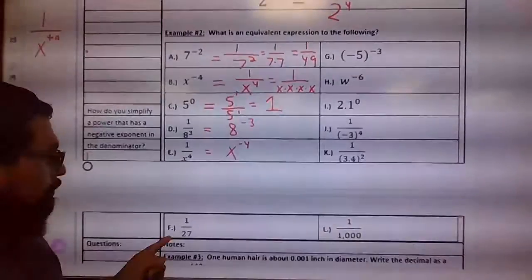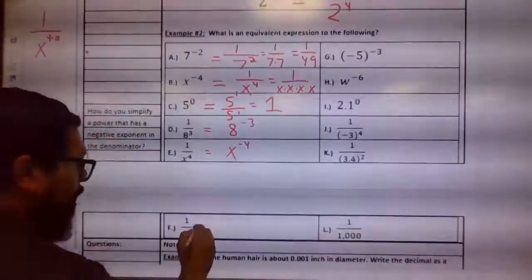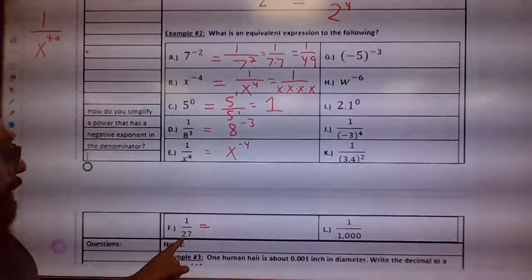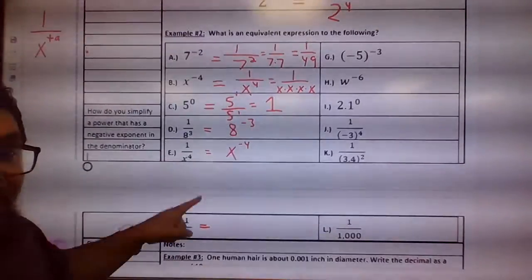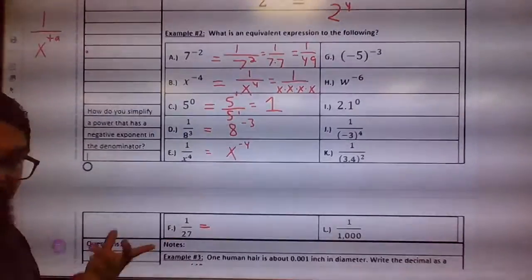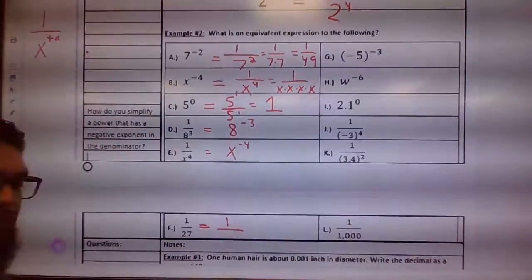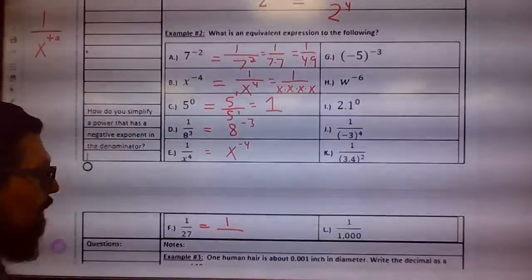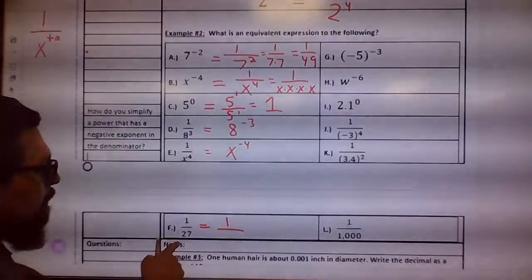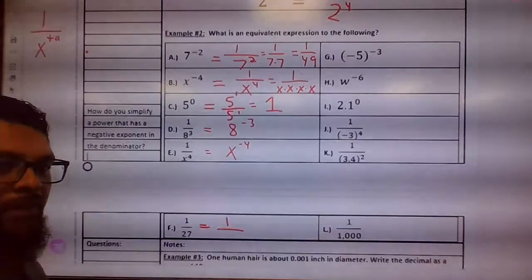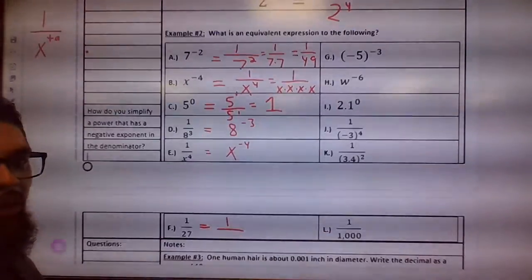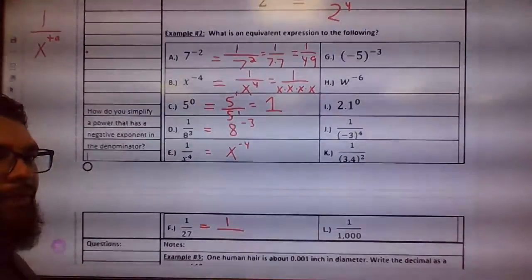So we had F and L. So what we're going to do for these is we're actually going to write them like this too. We're going to write them as a negative exponent, an equivalent expression. In order to do that first, we have to turn this into an exponent, a power. So what numbers multiply to get 27? So 1 times 1, no. 2 times 2, no. 3 times 3 is 9.